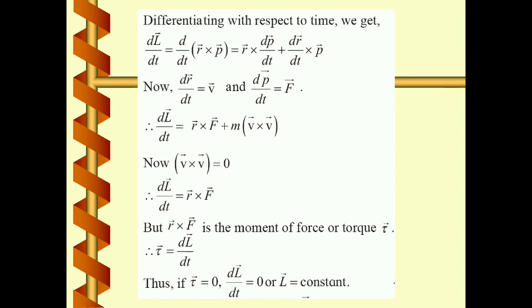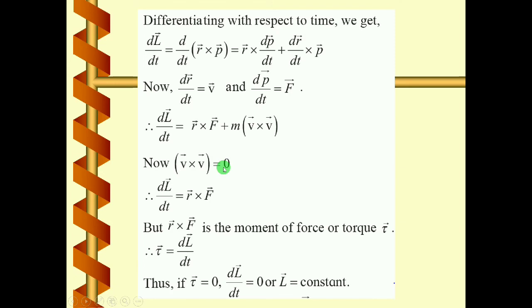Now we put the values here. So dL by dt is r cross dp by dt, which we write as F, plus dr by dt, which we write as velocity, cross p, and linear momentum p is mv. Since m is a scalar, we can take it out. So we can write v cross v, and the vector product of the same vector is 0.